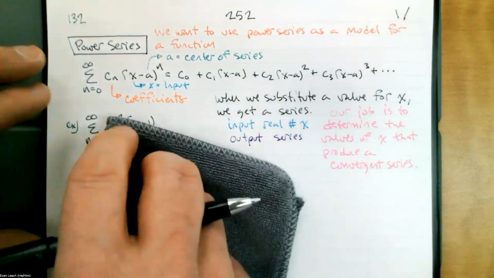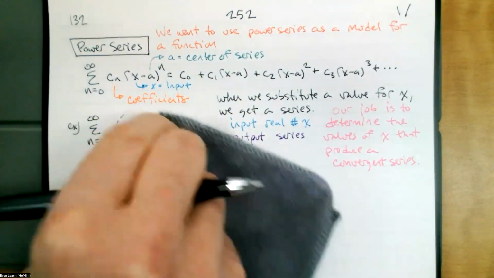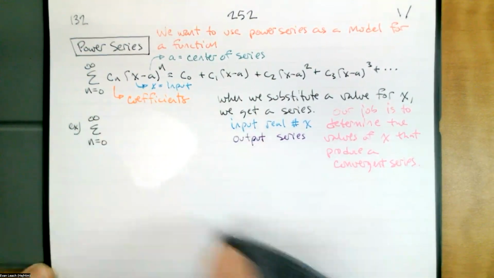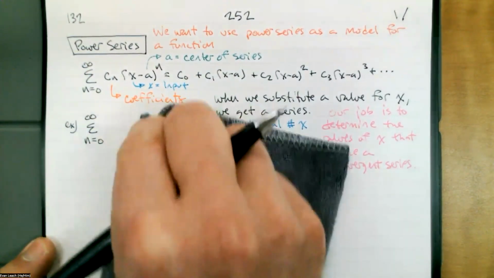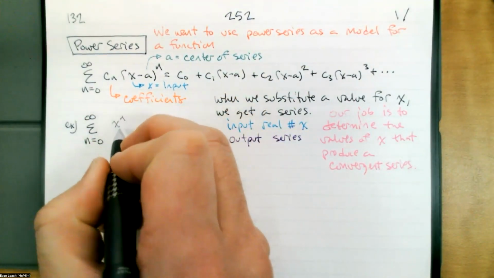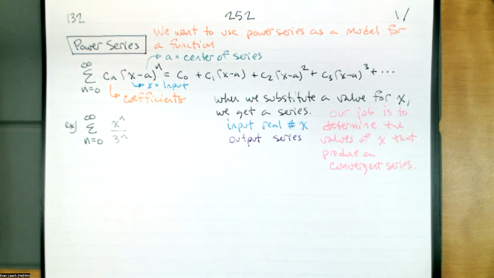Let's do a simpler example. In this case, our center would be at 0, so I've set a equal to 0.